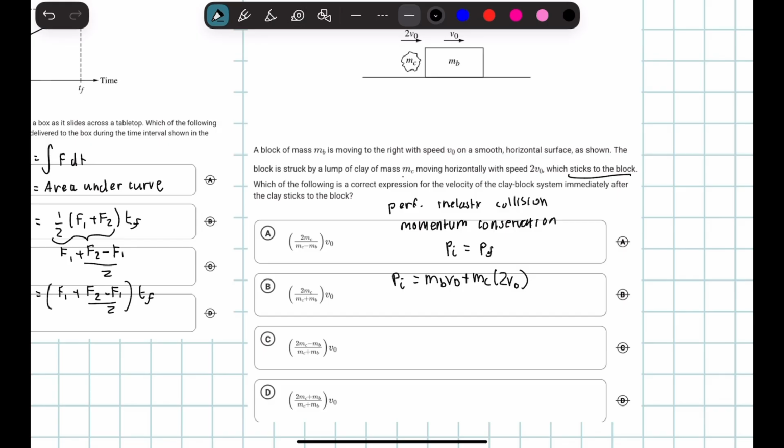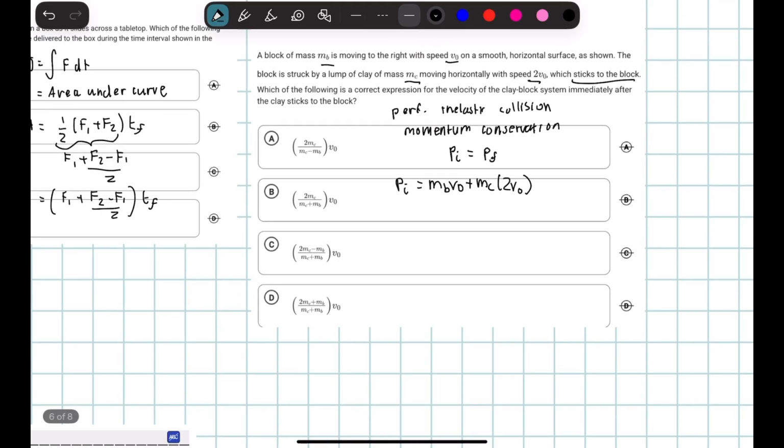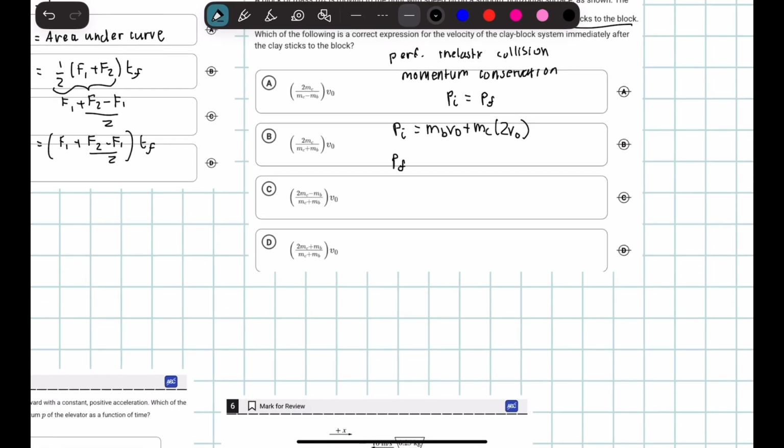So you can see here the clay has 2v initial. So the final momentum, because they stick together, we can write the masses together. So then we have MB plus MC, and they're moving as one block now, so one block can only have one velocity.